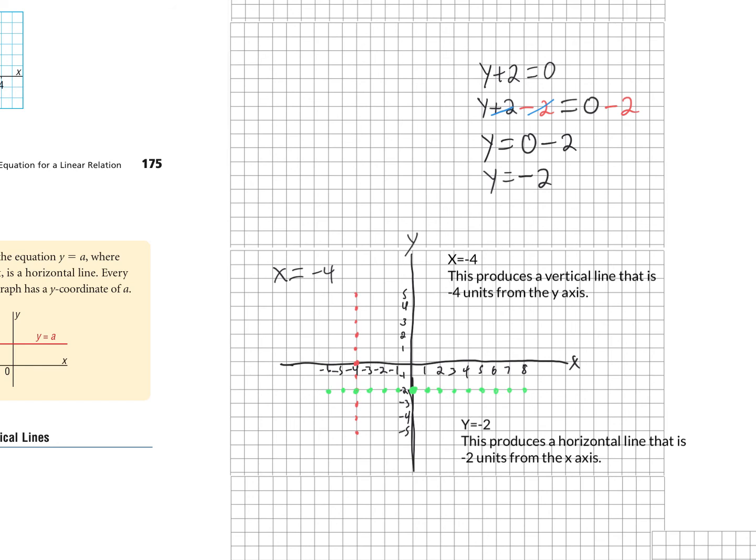There we go. So that is how we can describe both of those lines.